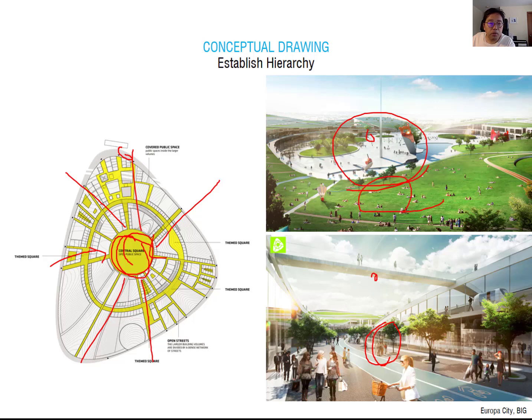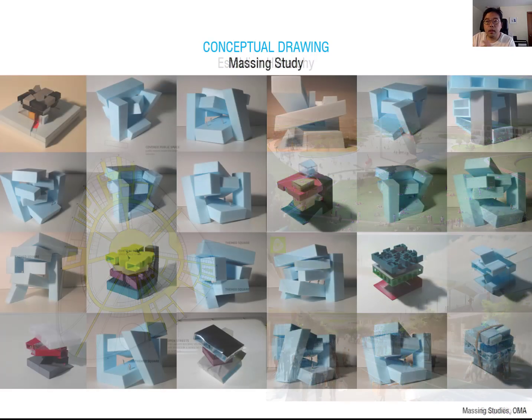More people just come in and it opens to the field. This is also a connection, and you can see it is much narrower than this open public space. So basically in the hierarchy scheme, some spaces have to be bigger, some have to be narrower. You have to control this hierarchy to design the space.